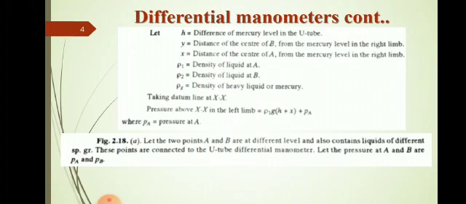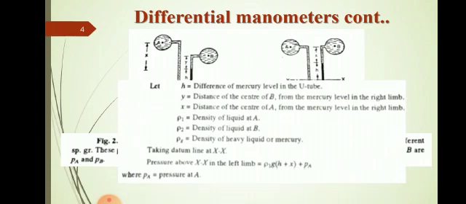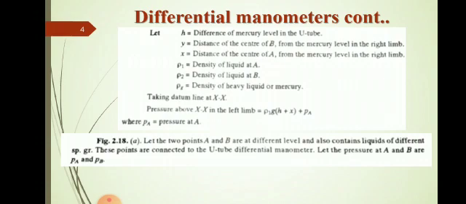I am not giving you the derivation, you have to write it on your own, because you have already done the problems based on this, so it is easy for you to find an expression for PA minus PB. So based on the figure and also based on these assumptions, find out an expression for PA minus PB and write it in your notebook.